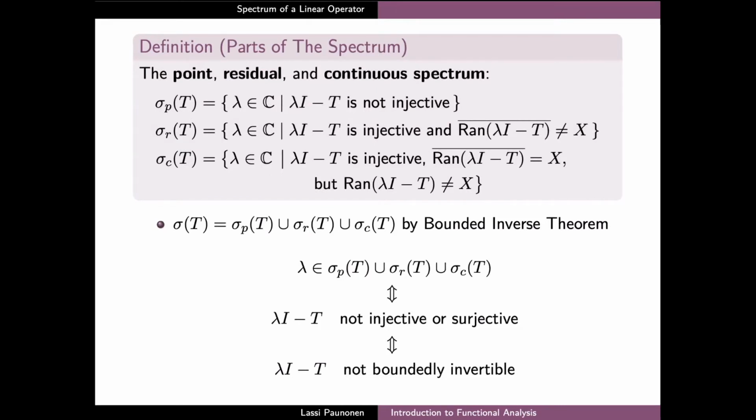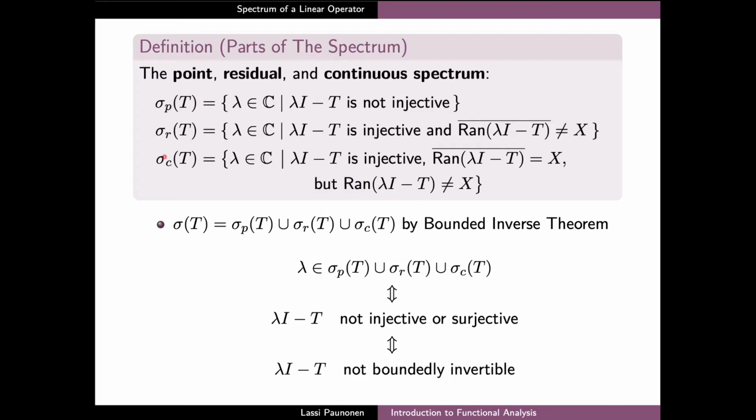The definitions of the point spectrum, the residual spectrum, and the continuous spectrum imply quite immediately that these sets are pairwise disjoint, meaning that any point lambda can belong to at most one of these sets.